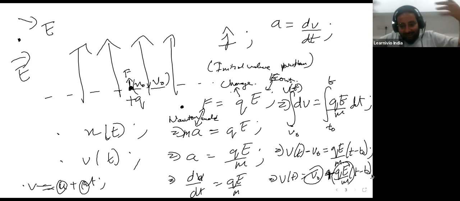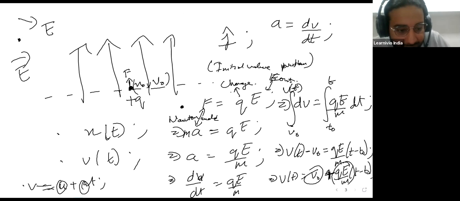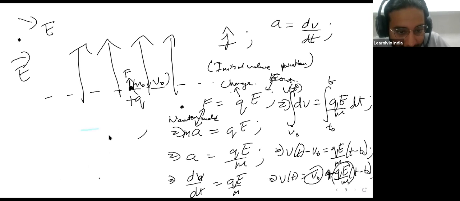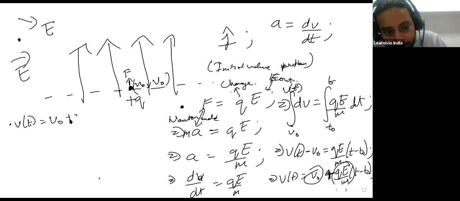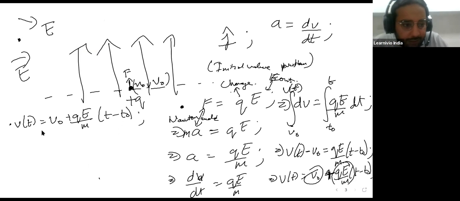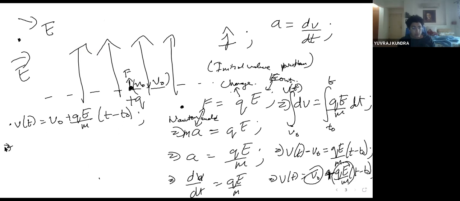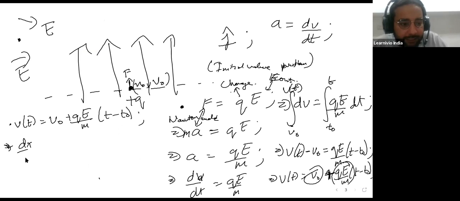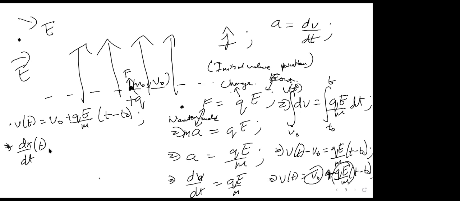Now let's do the next step of calculating the displacement as well. So what do you have? You have v as a function of t is equal to v naught plus qE over m times (t minus t naught). Lovely. So let's write v as dx by dt, and it's also a function of time.